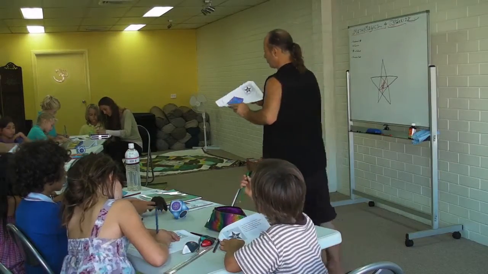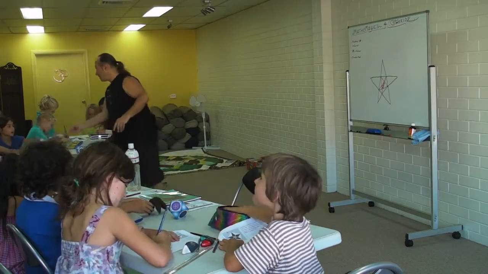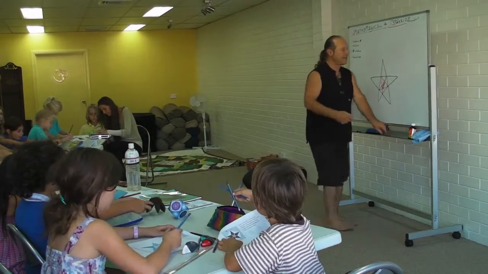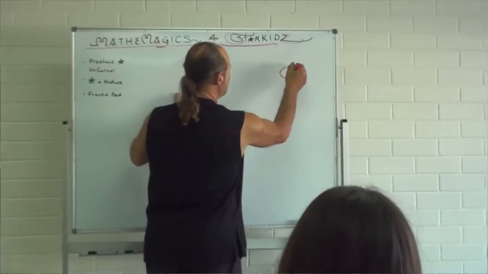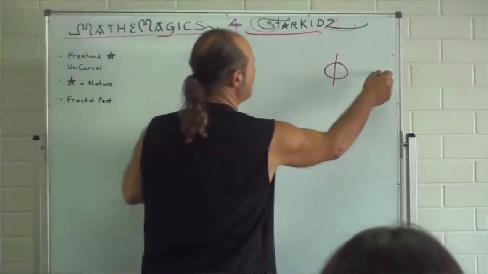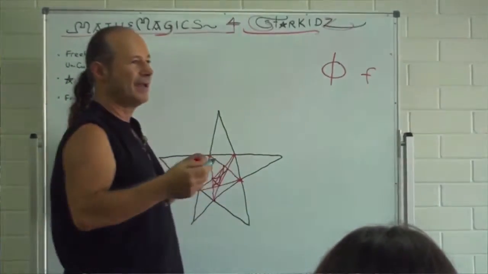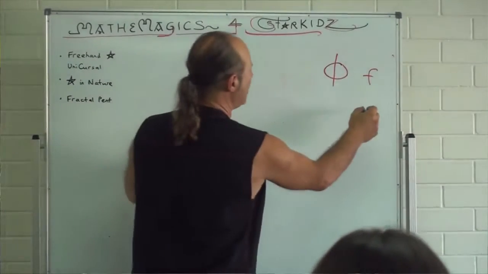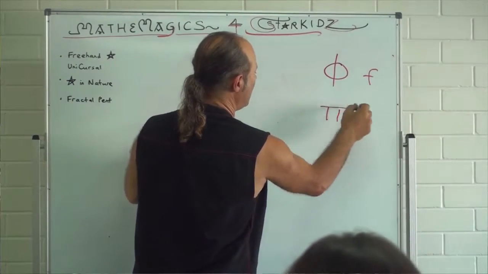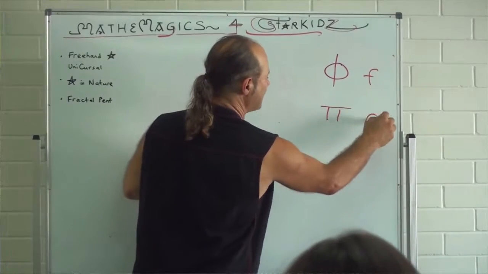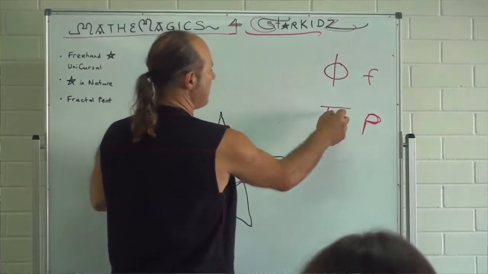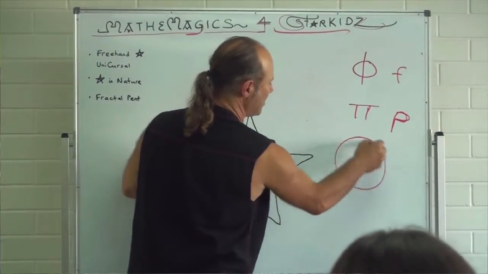So I'll write it on the board. So this symbol here, the circle with the line through it, is the F sound in Greek. But the other one that we know called pi is the P sound. Pi is the relationship of the circle.